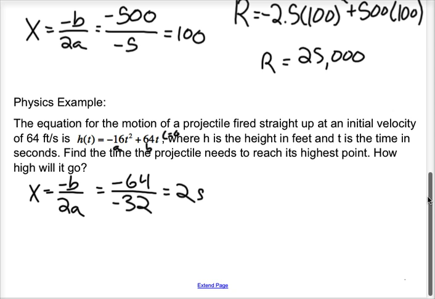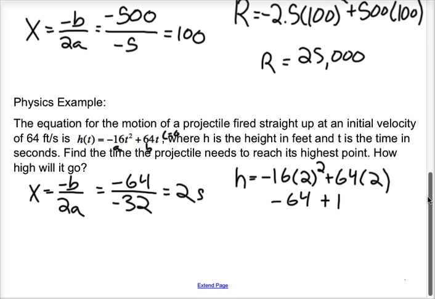That's how long it takes a projectile to reach its maximum height. All right, now to find out what that height is, we have to plug that 2 back into the original equation. So I plug 2 in for the t, and I get negative 64 plus 128. I'm getting a maximum height of 64 feet.